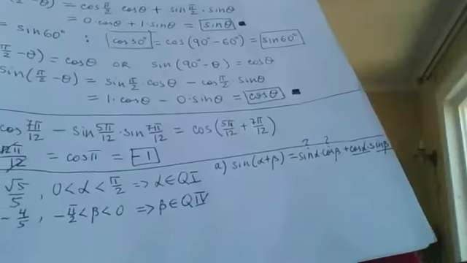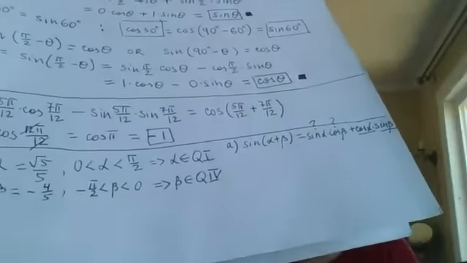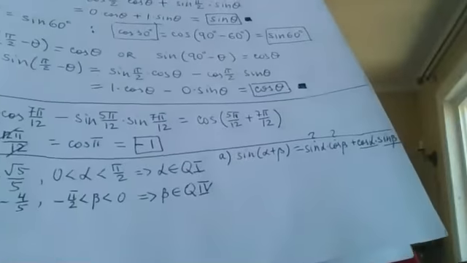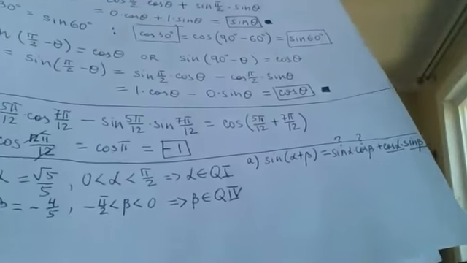Which means with the given conditions, I need to find sine alpha and cosine beta. I'm starting with alpha, sine alpha. Can I write, making the solution a little bit shorter, that sine square alpha equals 1 minus cosine square alpha?